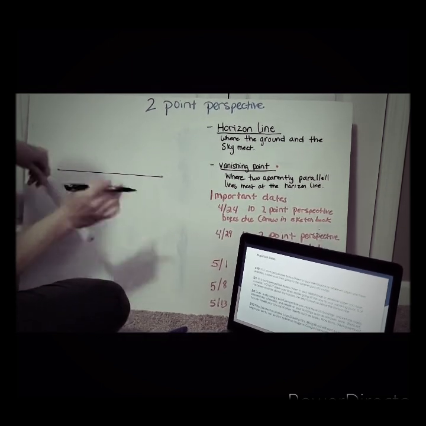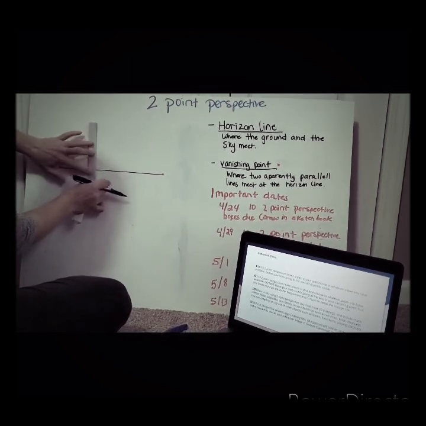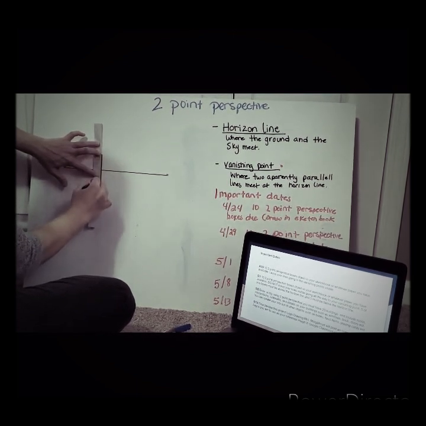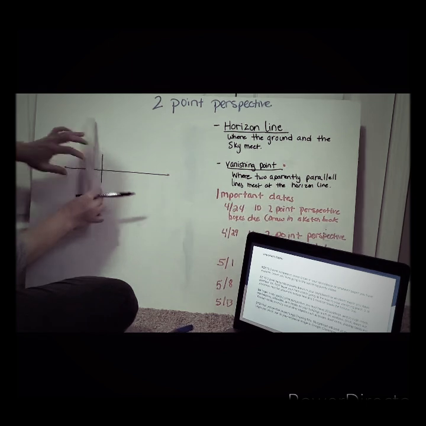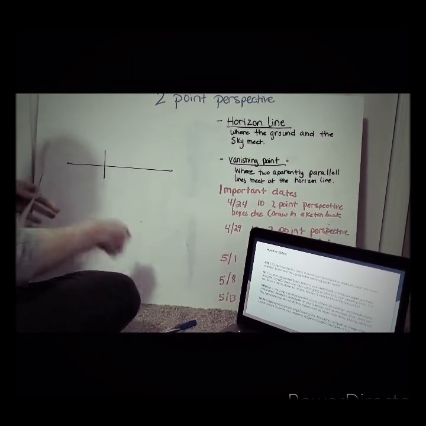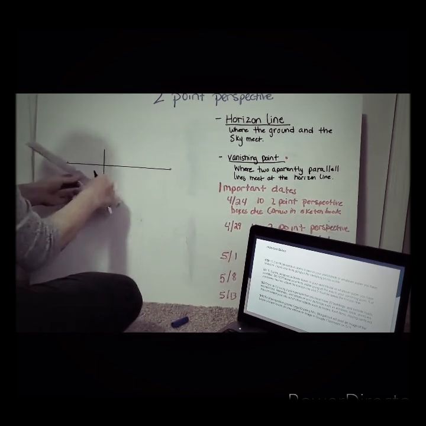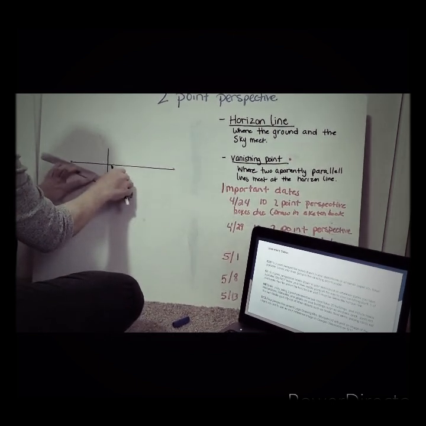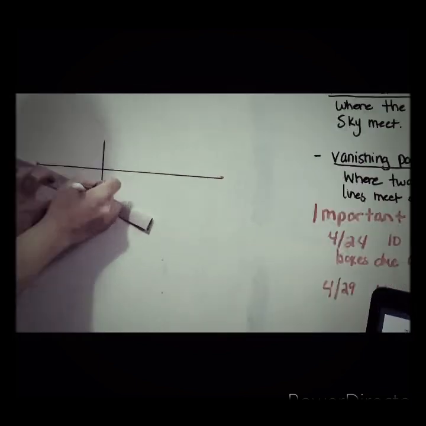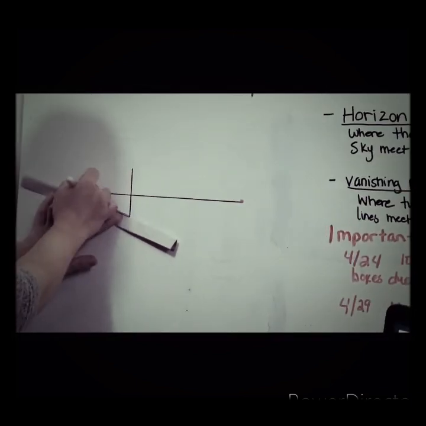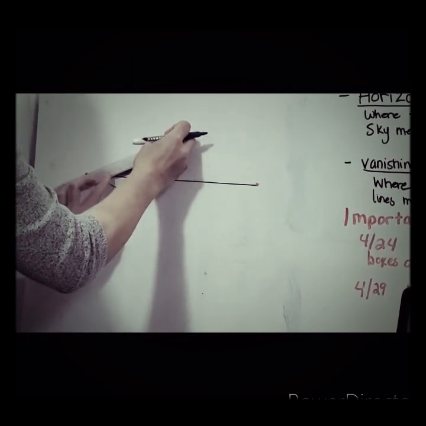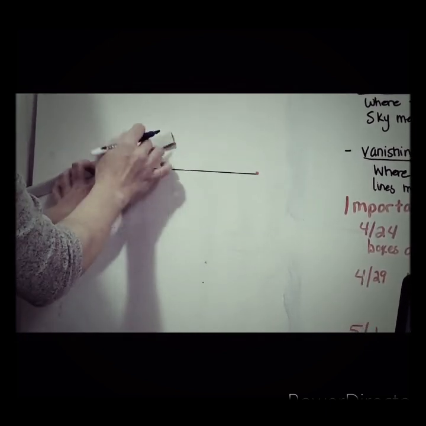So I'm going to draw my vertical, and I'm going to start with one that sits at the horizon. I'll show you how to draw one at the horizon, and then I'll do the orthogonal lines in blue. Alright. So I'm going to go from the bottom of this line back to my vanishing point, from the top of this line back to my vanishing point.